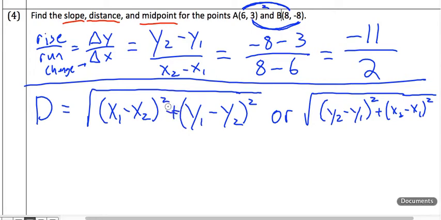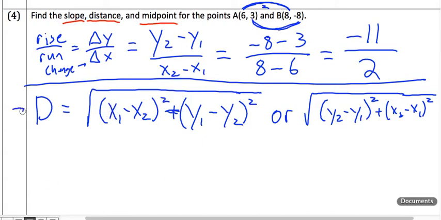When it comes to addition, the order you add doesn't matter. You can take x and add y. You can take y and add x. It's going to be the same. And the reason the order of subtraction doesn't matter has to do with the exponent. Once you square something, the order you subtracted it becomes irrelevant.